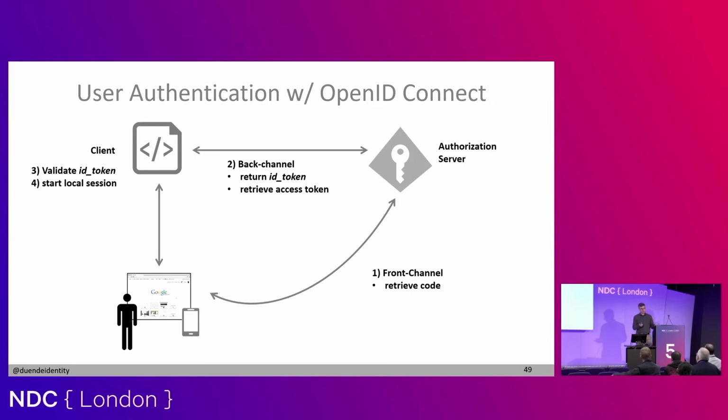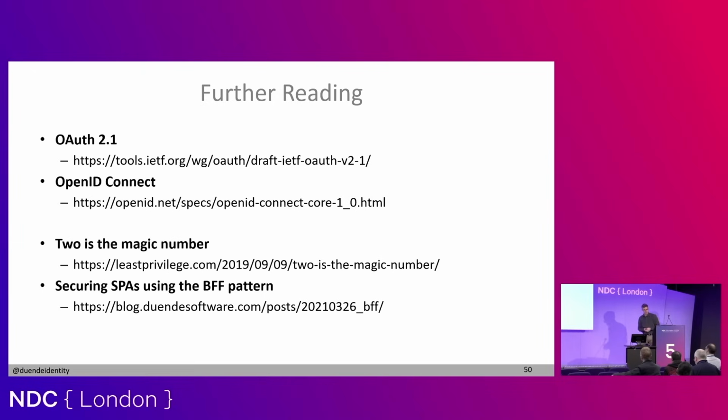You have two flows to use. So if we look at further reading, we have the "2 is the magic number" blog post from Dominic about the 2 flows you should know about and use. And OpenID Connect is the addition on top of OAuth 2, which gives single sign-on and handles sessions.